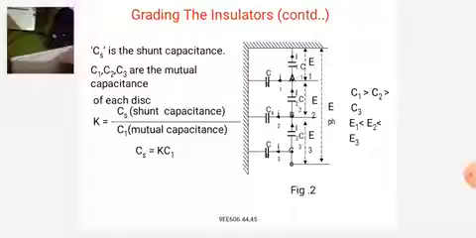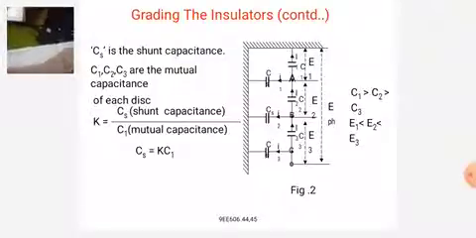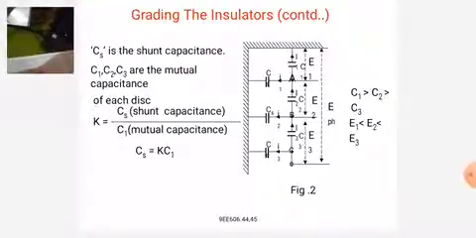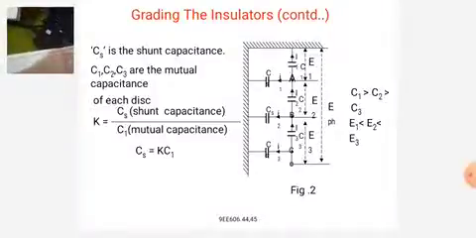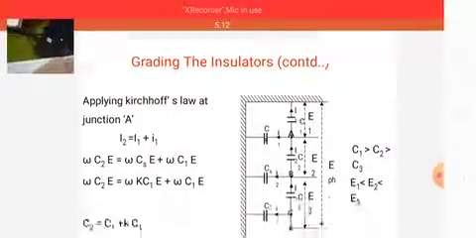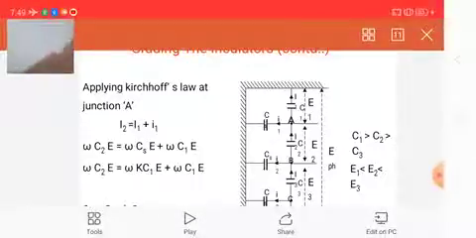C1, C2, C3 are different and the voltages across them are E1, E2, E3. So in this case C1 is greater than C2 is greater than C3, but E1 is less than E2 is less than E3. So K is equal to CS, the shunt capacitance, by C1, the mutual capacitance. This is the grading of the insulators.